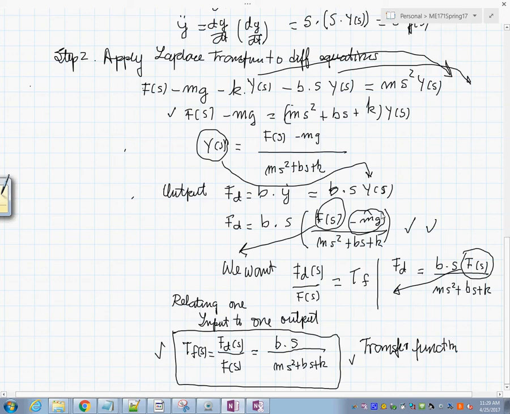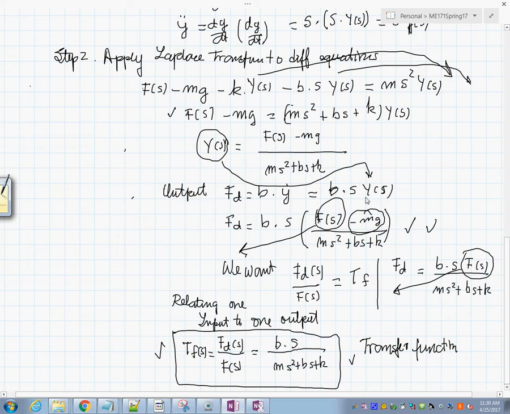So here we ignore the input of mg, because we could obtain another transfer function that relates the velocity to this force. But in this particular case, we're interested in the relationship between the damping force and the input force.